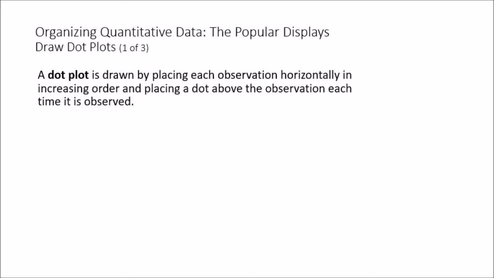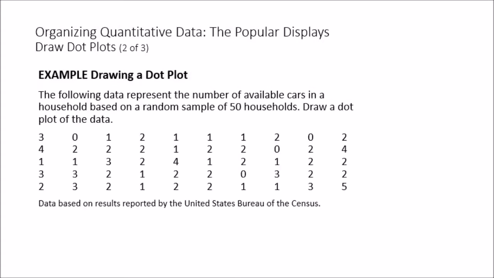The next popular display is the dot plot. A dot plot is drawn by placing each observation horizontally in increasing order and placing a dot above the observation each time it is observed. Let's look at this example and try to construct a dot plot. This data represents the number of available cars in a household based on a random sample of 50 households.